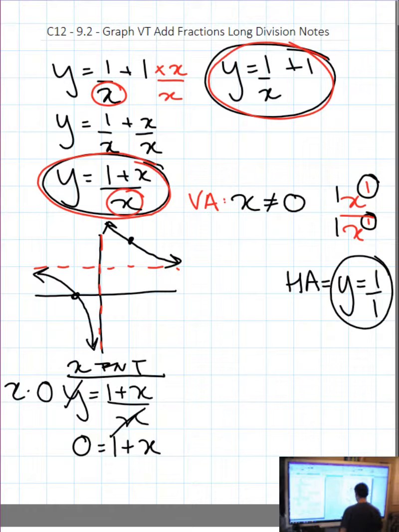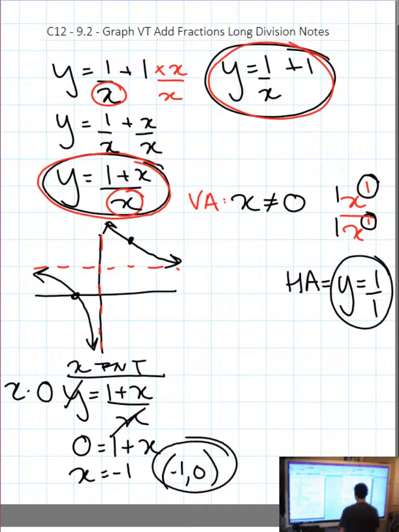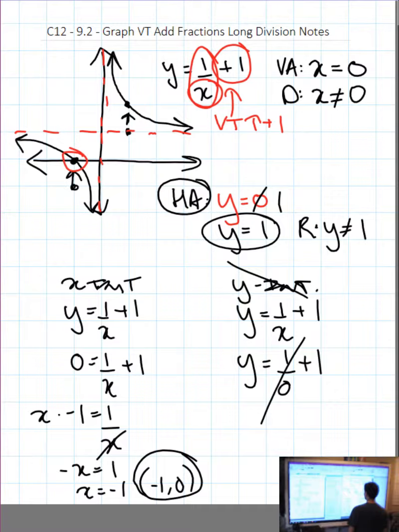And then we can subtract 1 from both sides, so x equals -1. Therefore, our x-intercept is -1, 0. Notice that's the same point that we got from transformations, and still the same x-intercept as we had before.